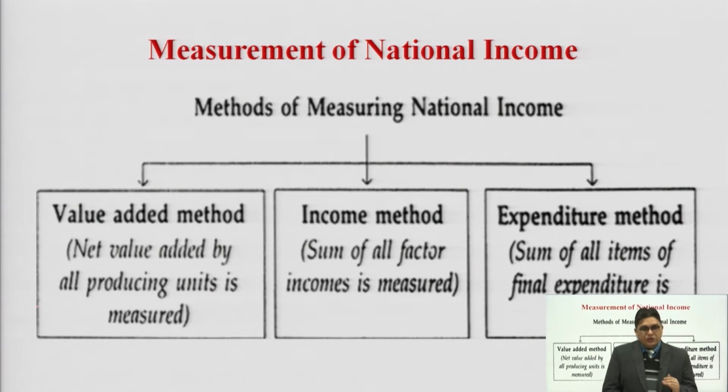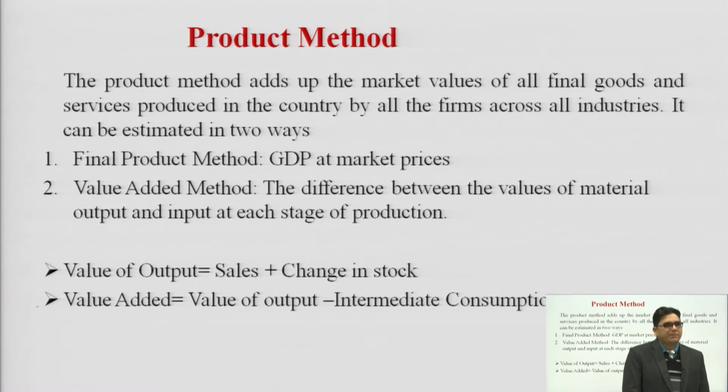I will be discussing each of them in detail, what exactly they are, and how they are practically calculated, with one illustration of each. The first one is the product method. What is the product method? The product method adds up the market value of all final goods and services produced in the country by all firms across industries.